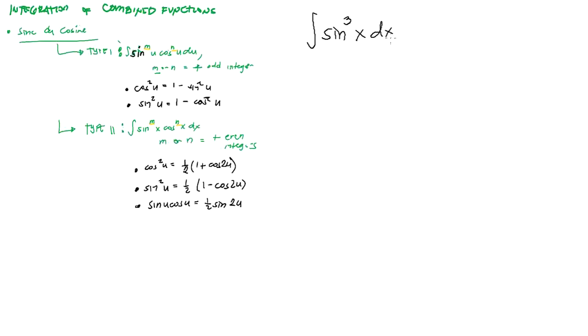Okay, if we have this, similar like this, we can retain one power of sine here, so that it will serve as the derivative of the cosine here, and we will convert the rest in terms of cosine using the trigonometric identity.